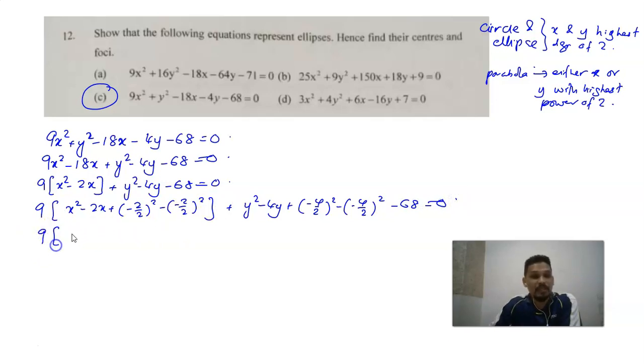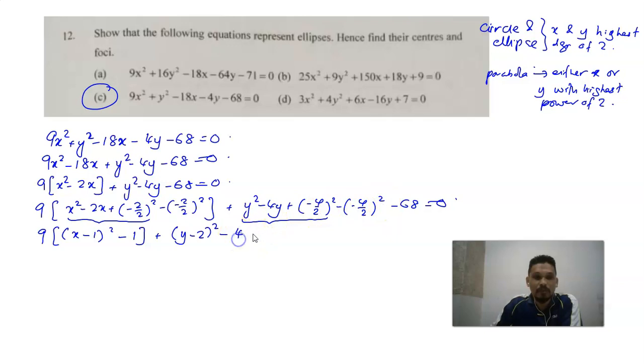With the 9 here, these three terms we simplify as x minus 1 squared, minus negative 2 divided by 2, negative 1, negative 1 squared equal to 1. Plus, now these three terms we simplify as y minus 2 squared, minus negative 4 divided by 2, negative 2 squared equal to 4, minus 68 equal to 0.